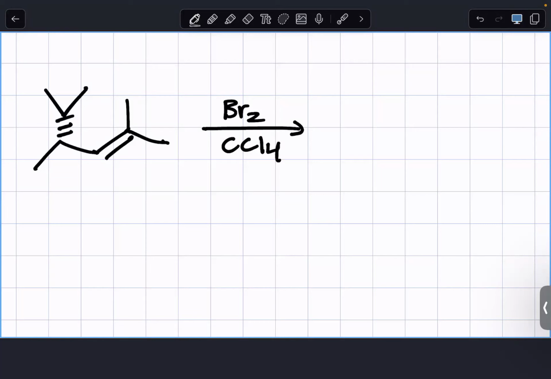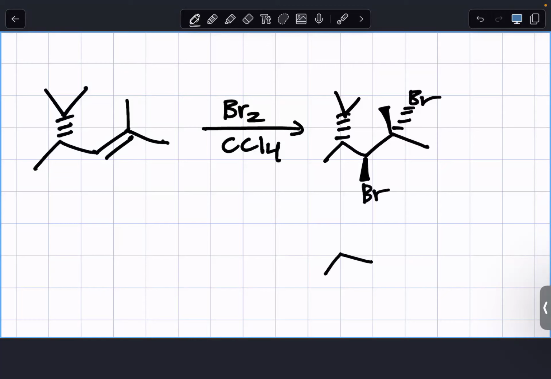Okay. So we'll go over this reaction in detail later, but what you will get as a product are these right here. Right? But I'll go over the mechanism of this when we get to this reaction. But right now I'm just gonna write out the products to explain the relative stereochemistry.